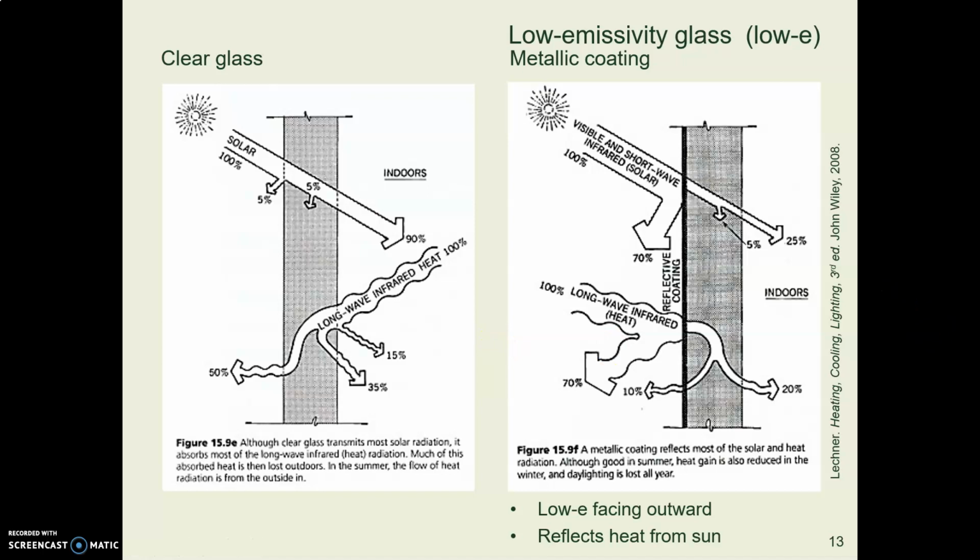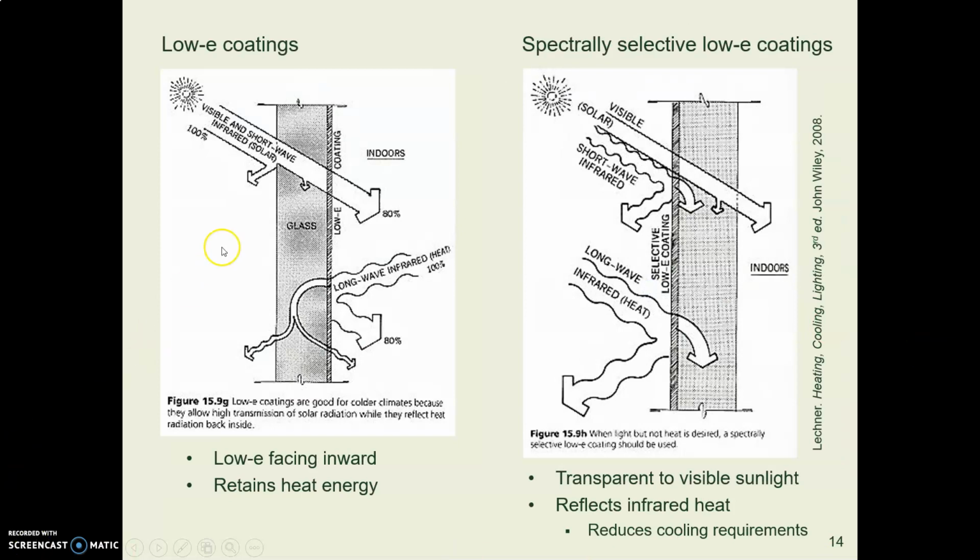So this might be an issue if you were worried about overheating, especially if you had windows on the south side, you were not doing passive solar heating, and you were worried about keeping it cool inside. You'd put low E coating toward the outside of your window. Here on the left picture, if you put the low E coating on the inside of the window towards the room, then what it does is it blocks the emission of that terrestrial radiation from inside your room, and it keeps the heat inside.